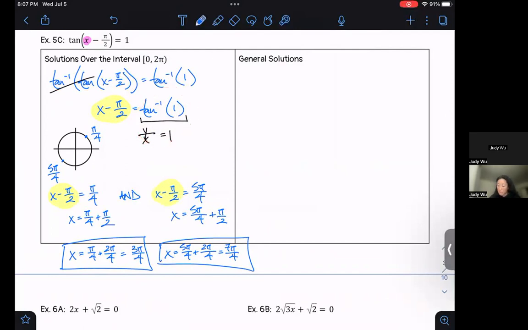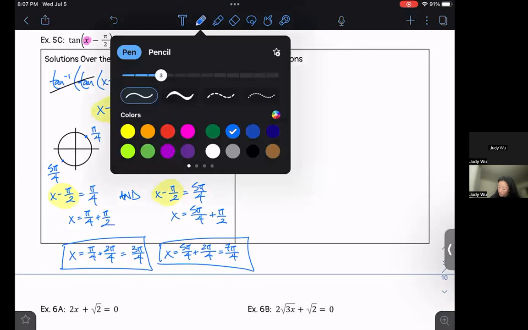Okay? Now, let's take a look at the general solutions here, all right? The general solutions for 5c. Well, I'm going to go ahead and grab my two solutions from down here. So I know that I have 3 pi over 4 and 7 pi over 4.